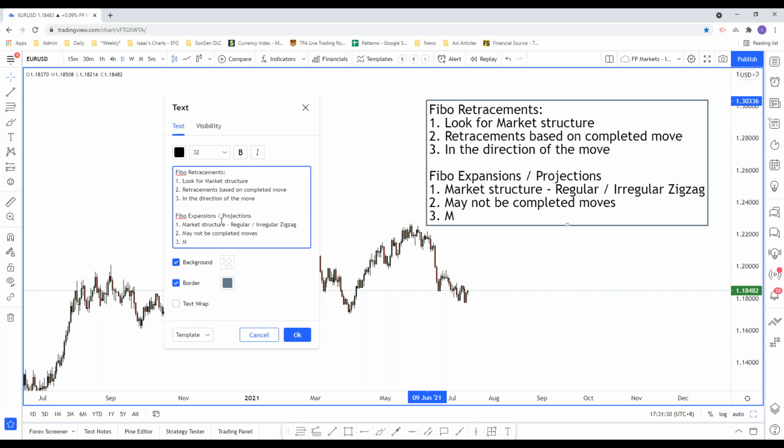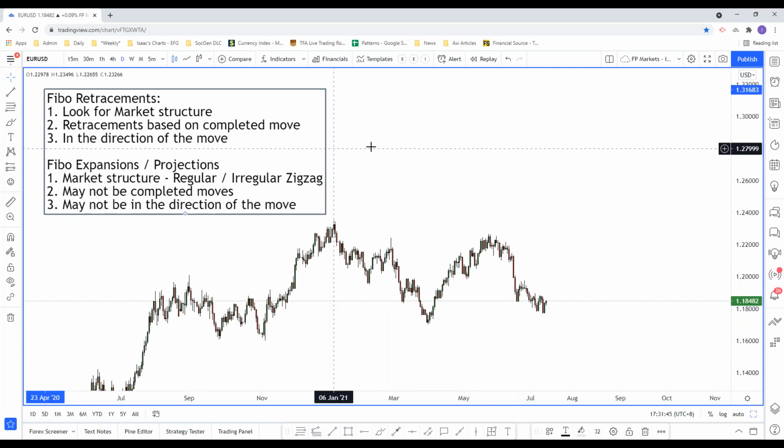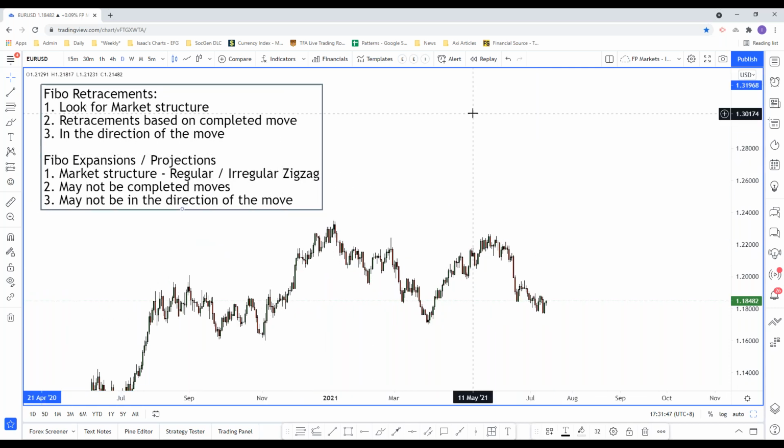Again, it may not be in the direction of the move. So these are the rules, the guiding principles for Fibonacci expansion, projections, and retracement. So based on this, you guys can see already very clearly which one is easier to use, right?